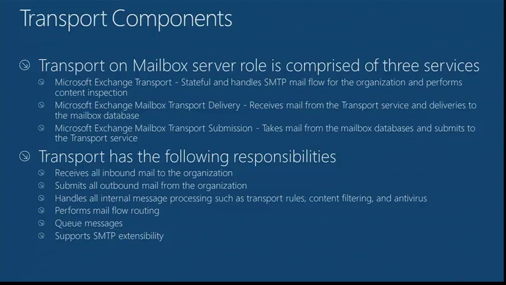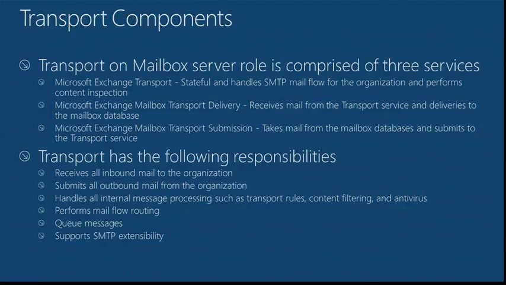So transport receives all inbound mail for the organization. It can also submit all outbound mail for the organization. And it's submitting it either through the mailbox server that is doing the DNS resolution and sending it, or by sending it to a CAS and having CAS forward that out through SMTP. It also does all the transport rules, all the content filtering, all the antivirus stuff.